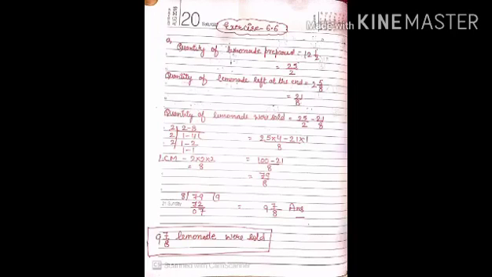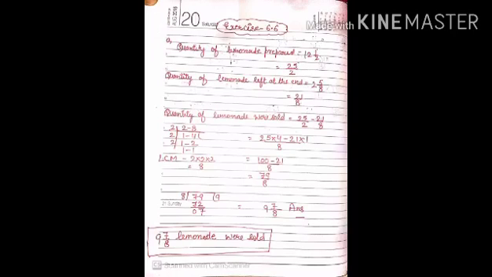In the first fraction, the denominator 2 has to be multiplied by 4 to get 8, so 25 multiplied by 4. Similarly, in the second fraction, the denominator 8 has to be multiplied by 1 to get 8, so 21 multiplied by 1, that is 21.